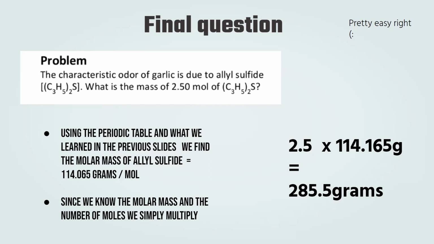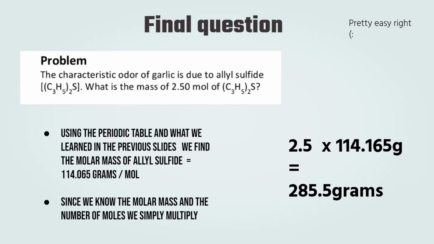And what is the question asking you? What is the mass of 2.5 moles of that substance? So it's really easy. After we find the molar mass by getting the atomic mass of each particle, multiplying it by the amount of the particle present, and then adding them all together, we'll get that molar mass.